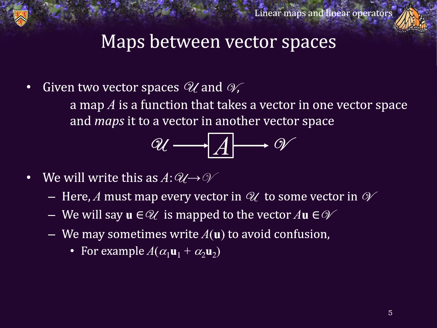For example, we may consider what is the image of a linear combination of two vectors in U. In this case, we would wrap parentheses around that vector to demonstrate that the A is being mapped onto all of, or the result of, that linear combination.